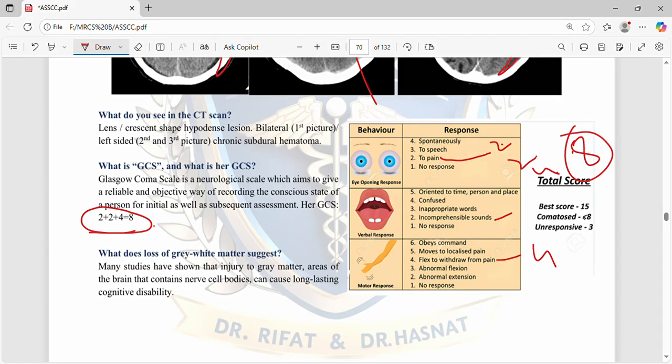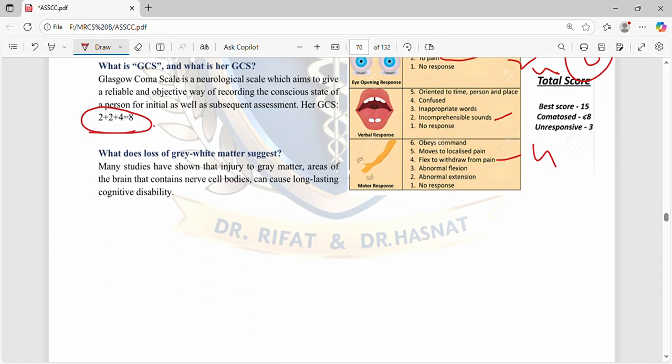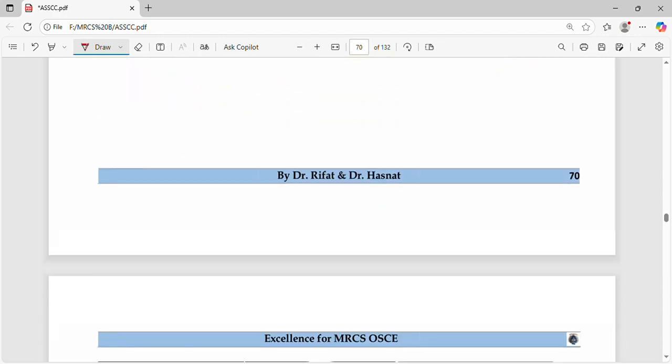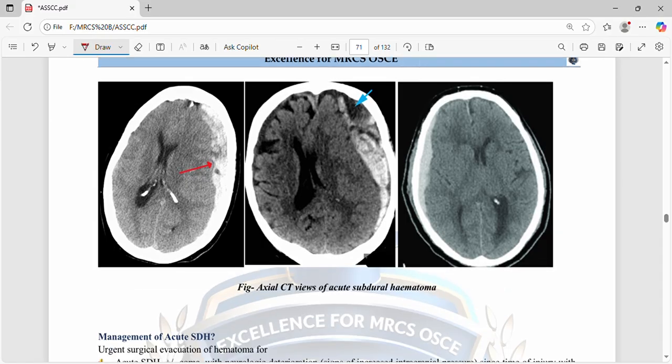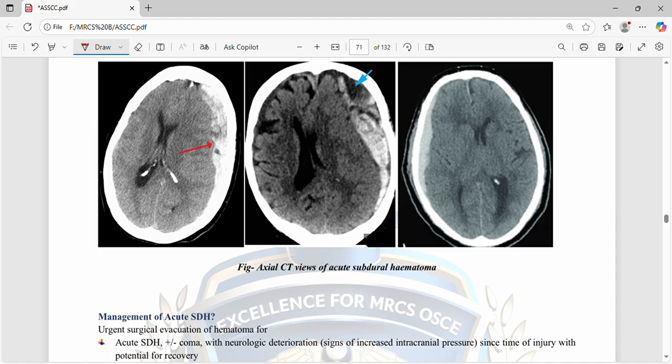Many studies have shown that injury to gray matter, areas of the brain that contain nerve cell bodies, can cause long-lasting cognitive disability. So loss of gray white matter suggests damage to gray matter, and this can cause long-lasting cognitive deficiency or difficulty.